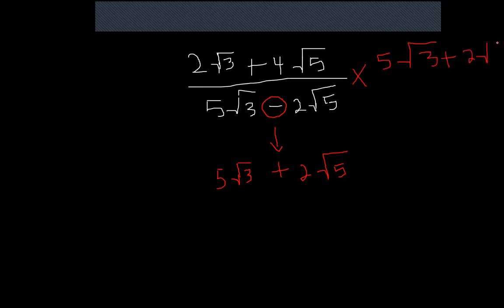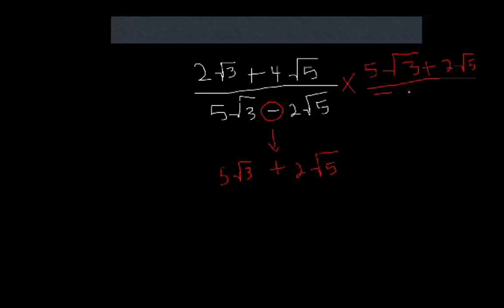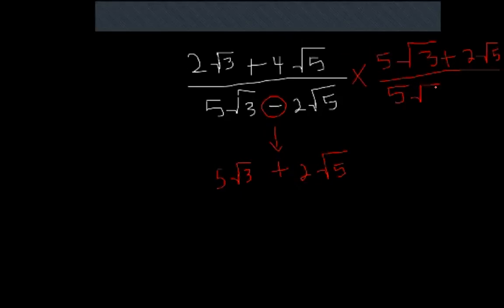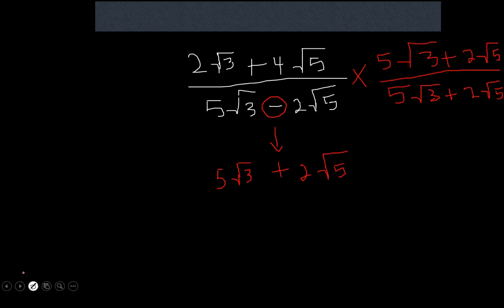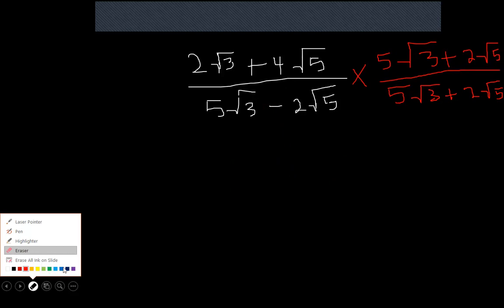Plus 2 root 5. And you have to multiply the denominator by it as well. Anybody already did this? Multiply the numerators. Did anybody do that yet?